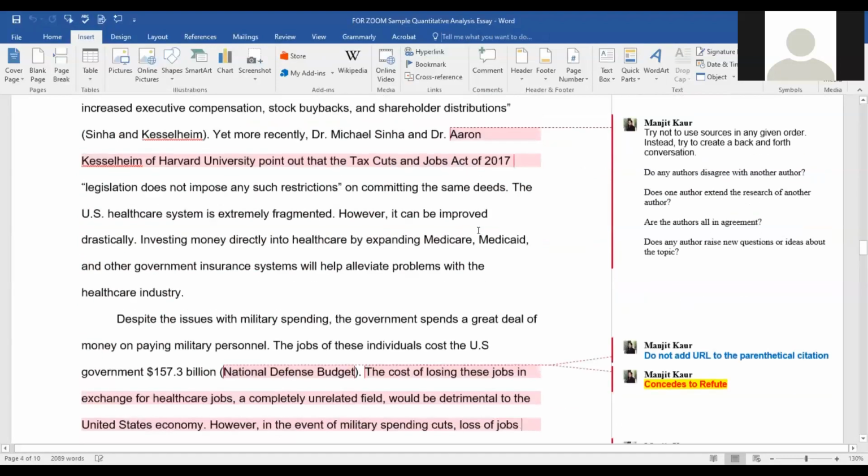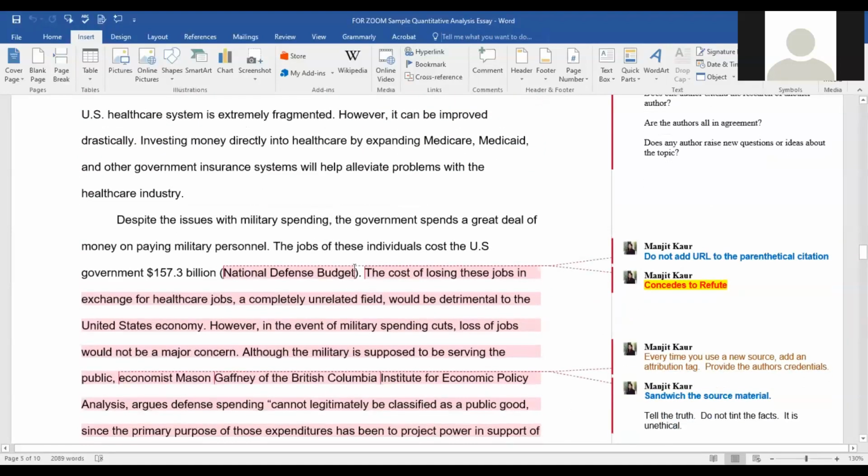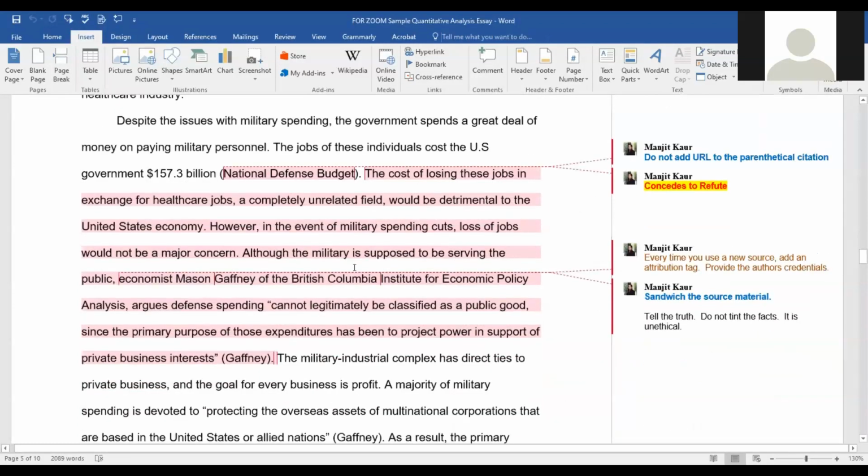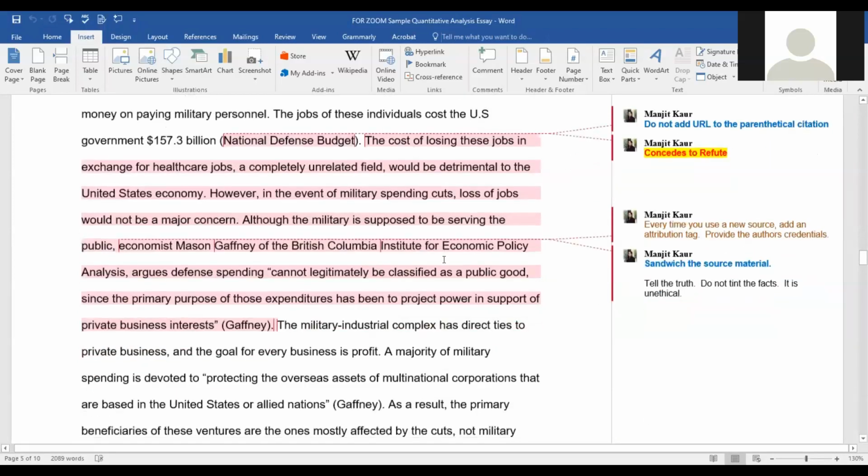You saw this, a source like Ticketon was used multiple times. Other sources have been used multiple times here as well. Now, do you add an attribution tag every time you use a quotation or a paraphrase or a summary?